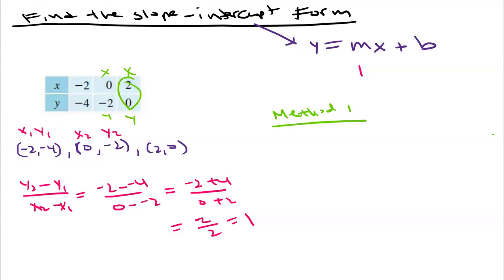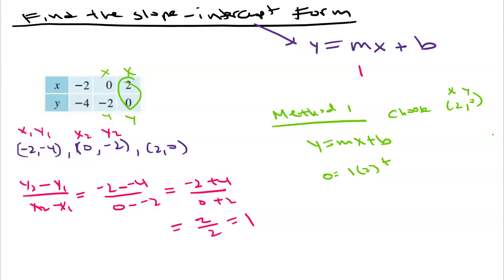So I'm choosing the point 2, 0, and that's going to be my x and y. And what do I do with that? I'm going to plug it into the slope-intercept form. So we have y equals mx plus b. I know my m already, which is 1, and my x is 2, and my y is 0.